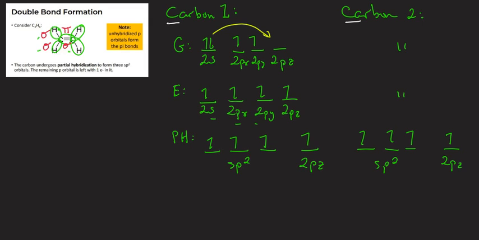Let's draw hydrogens off to the side. Carbon 1 has two hydrogens, and the other carbon has 2 hydrogens. So let's draw these hydrogens. We have 1, 2, so these are all our hydrogens, each with a 1s electron. On this side we also have 2 hydrogens, 1, 2.